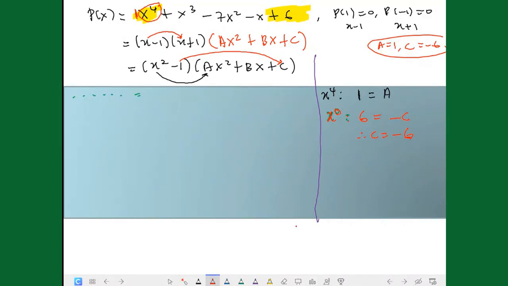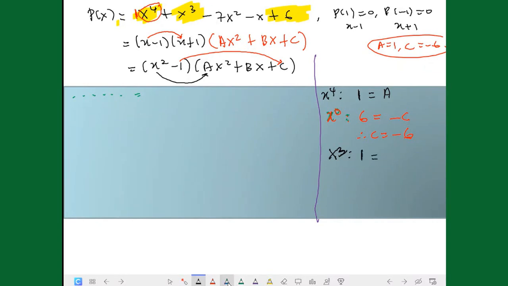Problem to find b kan. Kalau b ni, tengoklah, ambil x^2, ataupun x^3, atau x, banyaknya. Kita nak x^3 dulu lah. X^3, ni 1.